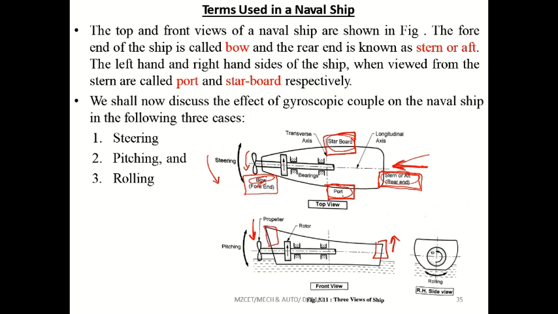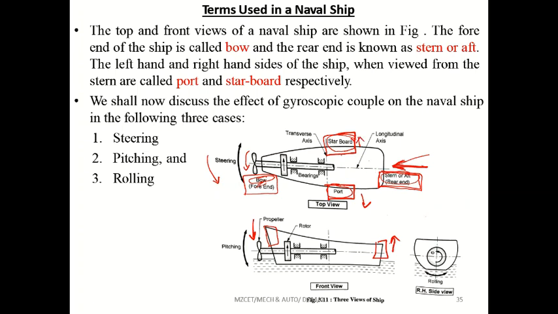At the same time, when the ship tries to turn left side, the ship tries to roll like this, like the port will try to get inside the sea and the starboard will try to come out.